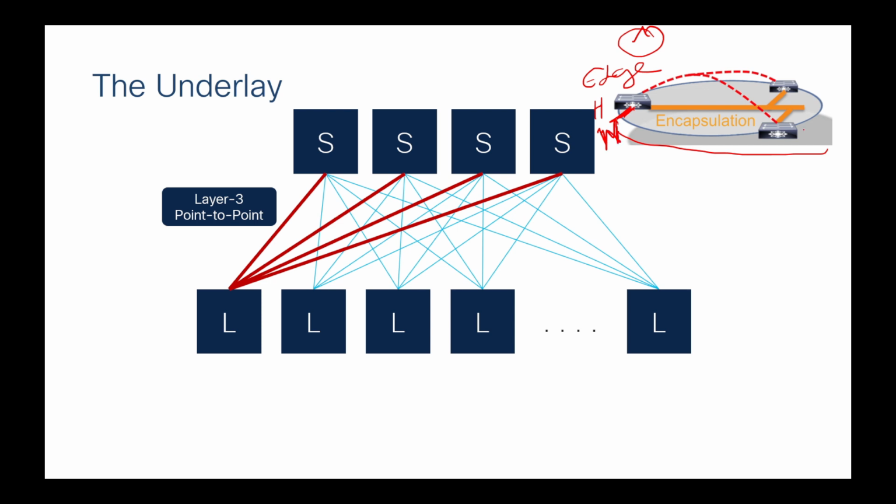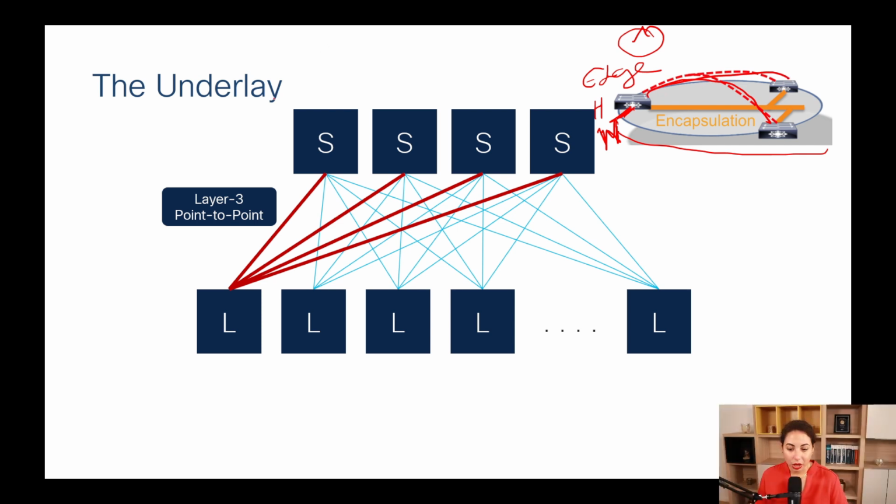So they exchange the reachability information through the control plane overlay protocol. And then they are also responsible of building and maintaining the tunnels between each other. So this is from the perspective of a data plane overlay protocol. So 2, it is the data plane.